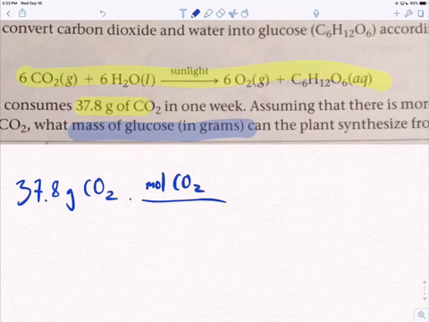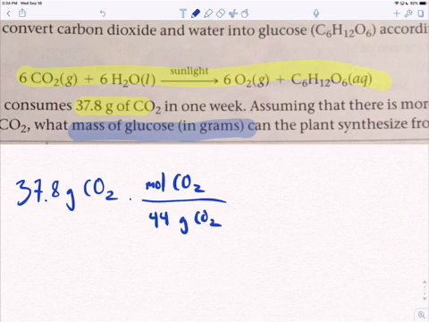And of course, we'll use a periodic table. Carbon is 12, and oxygen is 16. So 12 plus 16 times 2 is 44. Carbon's 12.01, so it's really 44.01, but 44 grams CO2.